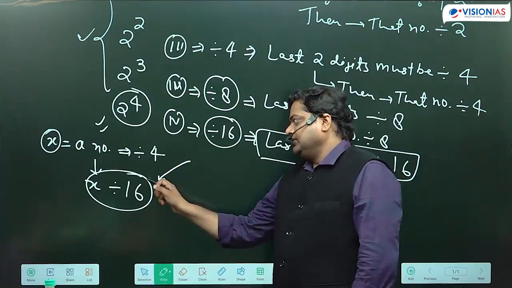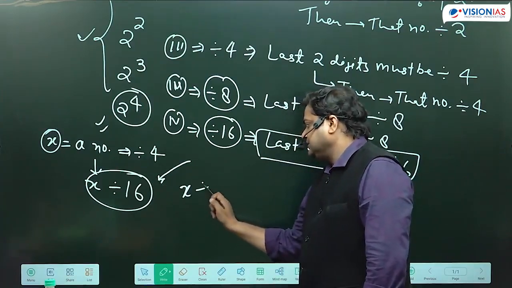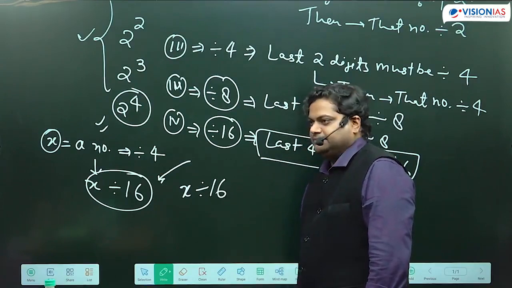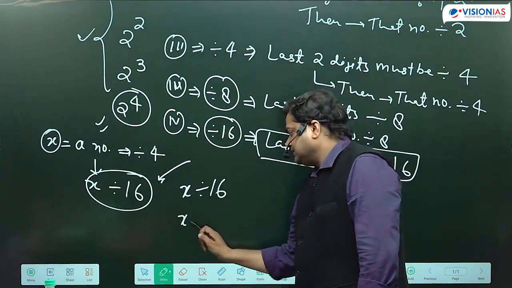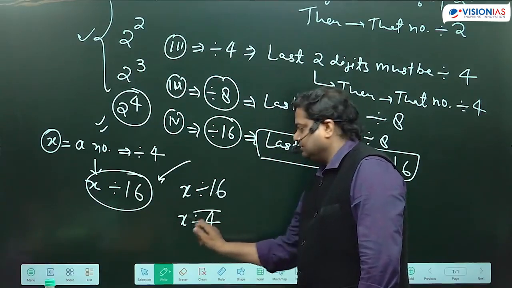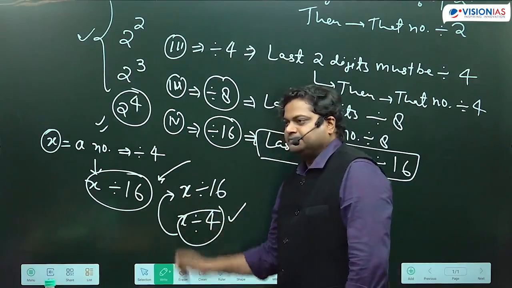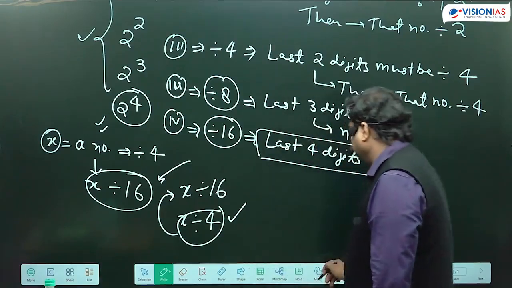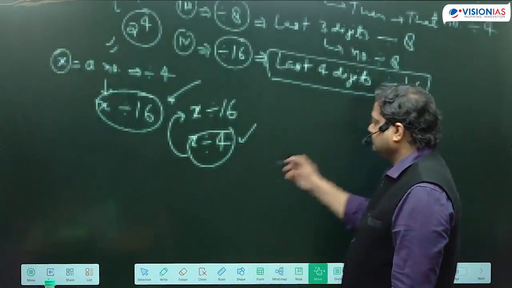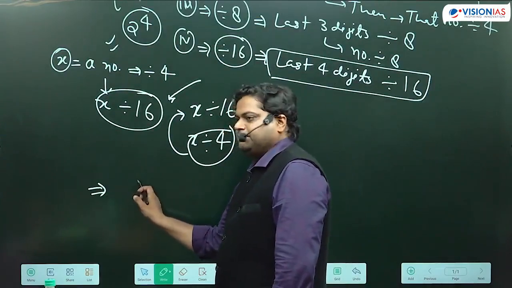So if I ask this way, a number x is divisible by 16, this number x will also be divisible by 4. Can we say this? We can say this. But ulta we cannot say. Why we cannot say? We can take example also.